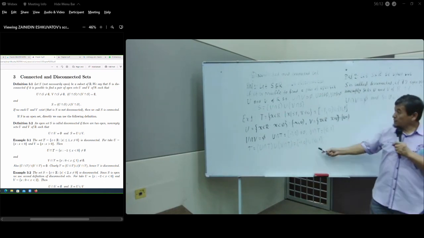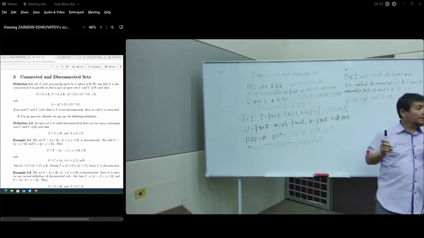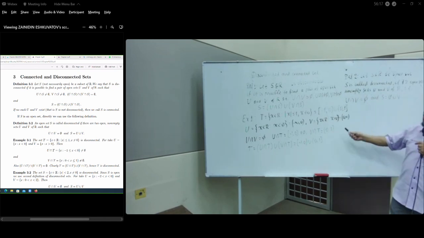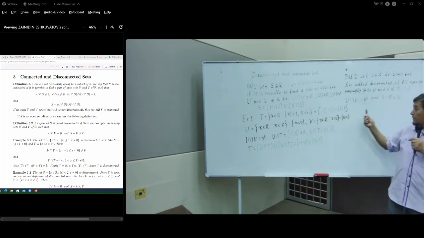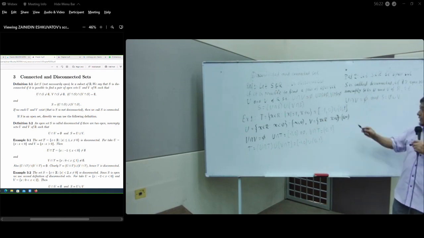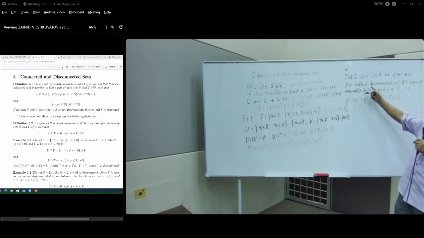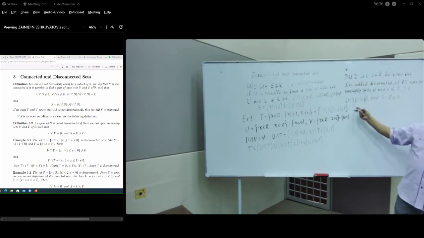Okay, so you see this one and this one is the same. Now, if I use for the same problem the second definition, what can we do? So here also it is called disconnected if there exist two non-empty open sets, U and V of R, such that the intersection is empty, it is disjoint.